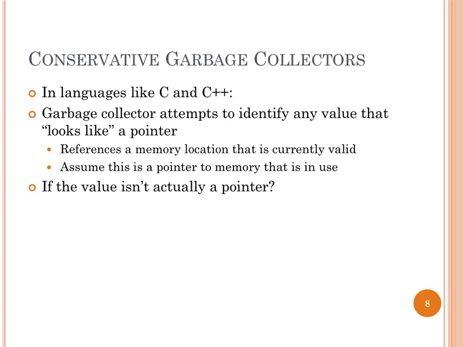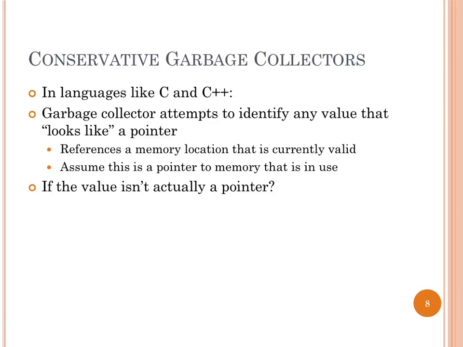So then the question is, what if the value isn't really a pointer for some reason? It's just a value that looks like a pointer. Well, it's kind of not the end of the world, right? Because we have two circumstances that could occur when we're trying to do garbage collection in a language like C or C++. We could either decide something is not a pointer when it actually is, and free memory that somebody is actually using, and then we're sad, right?